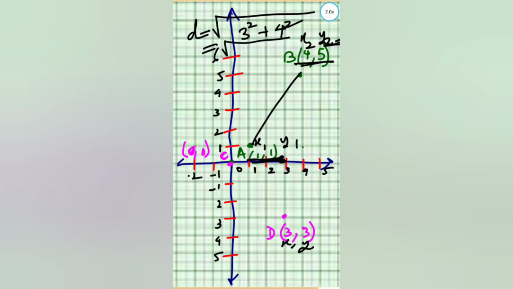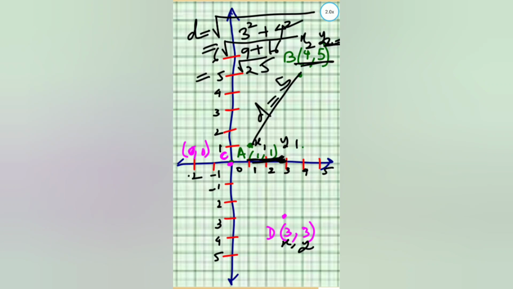Square root of 3 3 is 9, 4 4 is 16. Square root of 25 is equal to 5; this distance is 5. So learn this formula which I have given on the previous page also. Learn that formula. There is another, very easy one.